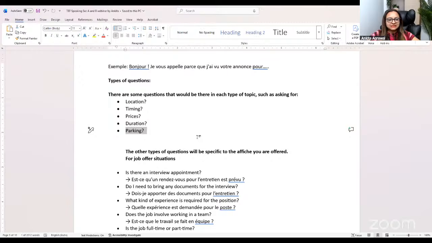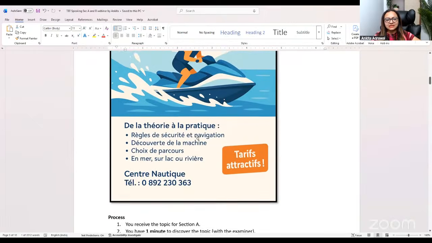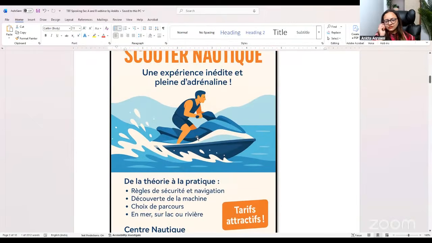Example, let's say going back to my affiche, I say, bonjour mesdames, I saw this jet ski, where is it located? It's located on the Lac Ontario, or maybe Ontario Lake. Okay, how can I reach there? By metro. Okay, and then is there a place to park? Yeah, there is a place to park as well. How much is the parking fee?